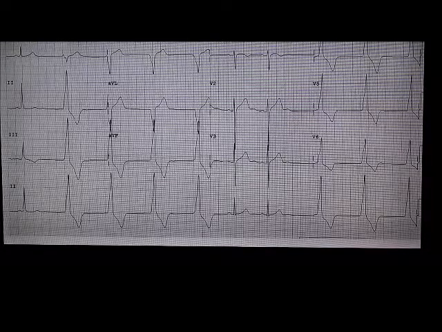Wide complex rhythm similar to the normal baseline rate. No, good. Multifocal? No, you mean premature ventricular contractions, PVCs.